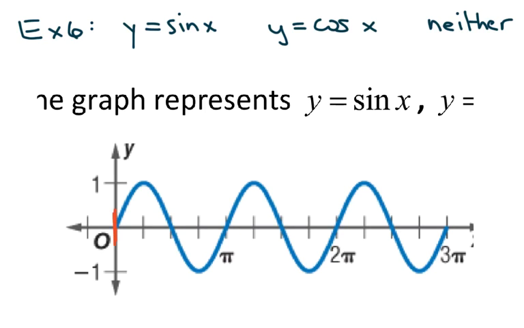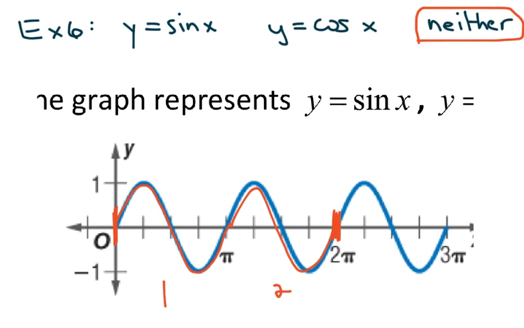So if you go from 0 to here's 2 pi, I want you to notice the pattern repeats itself twice. So here's one period, and then here's a second period. So if it's happening more frequently, then it has to be neither.